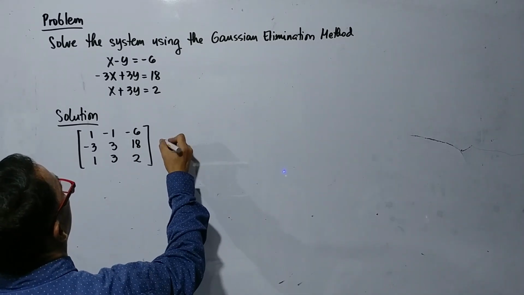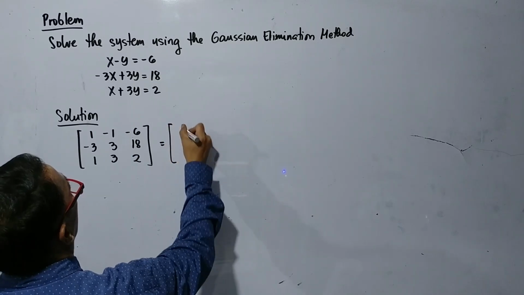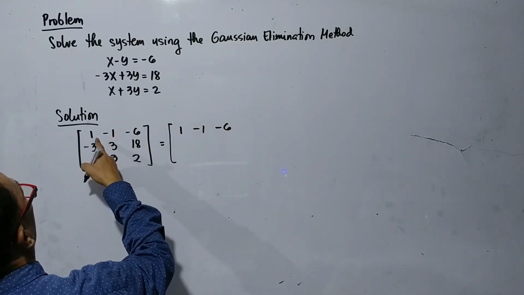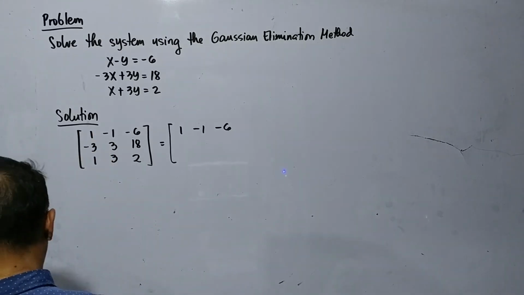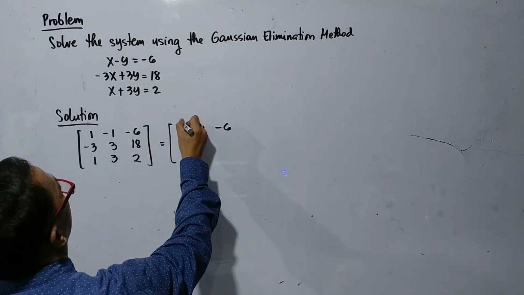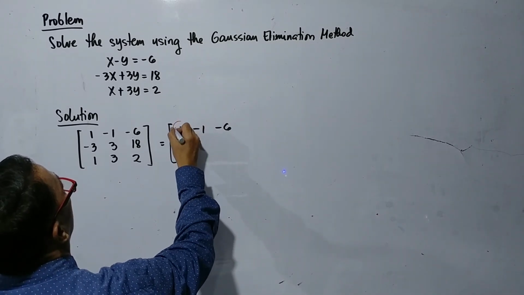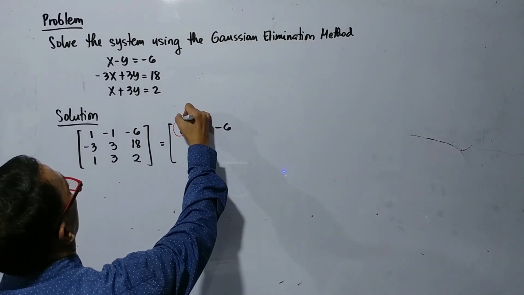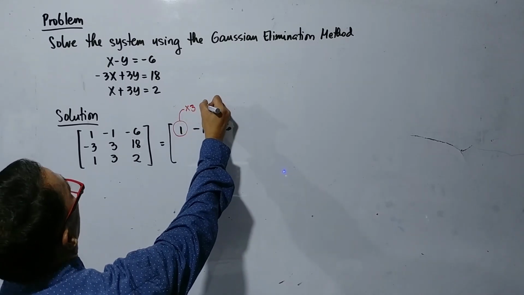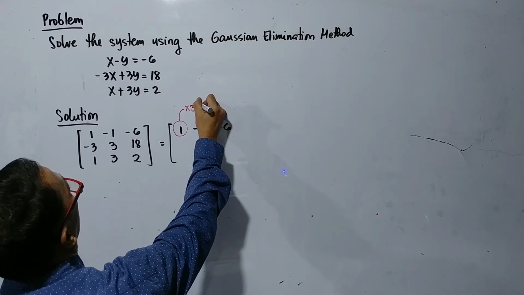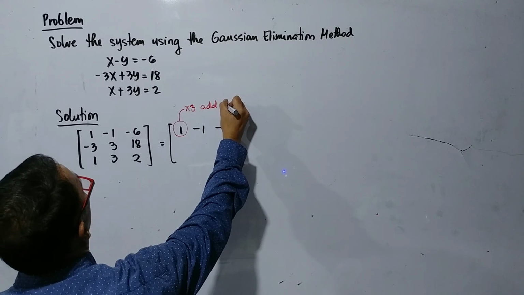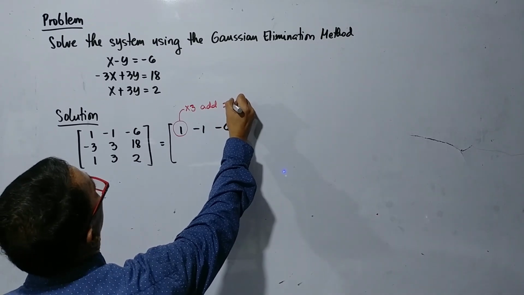So, we have 1, minus 1, minus 6. Multiply times 3, then add second row.